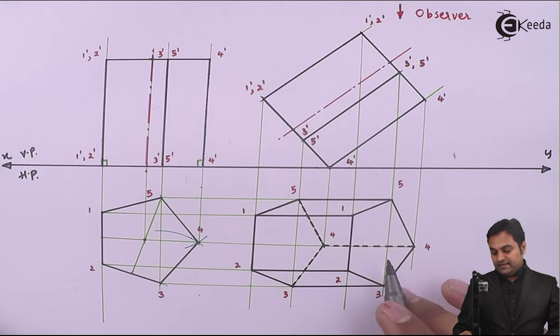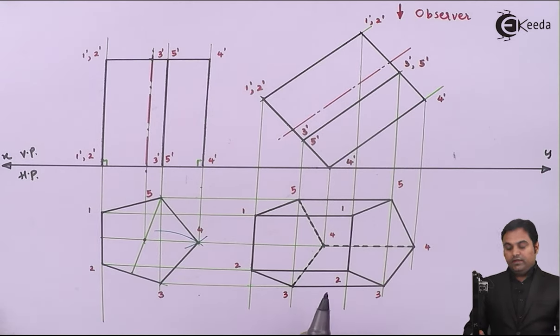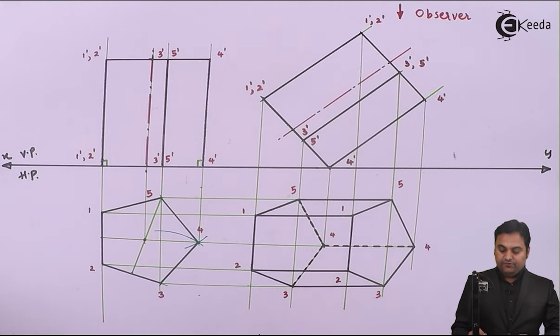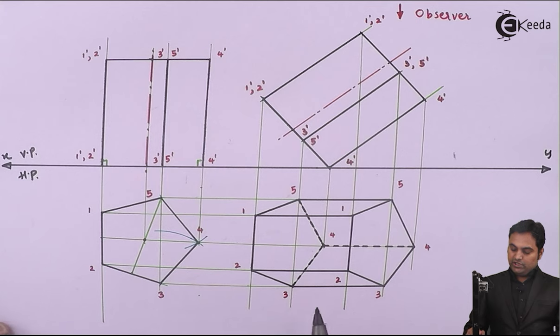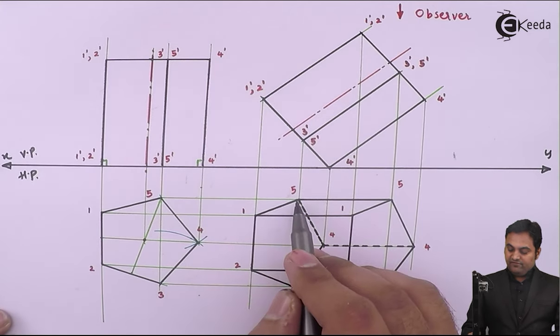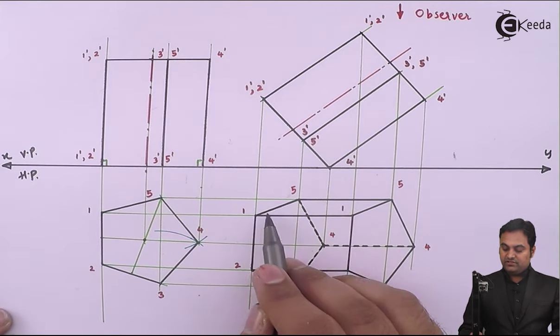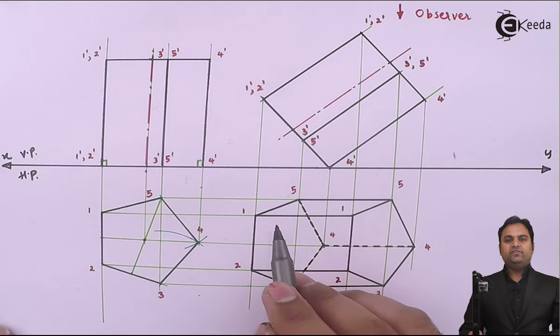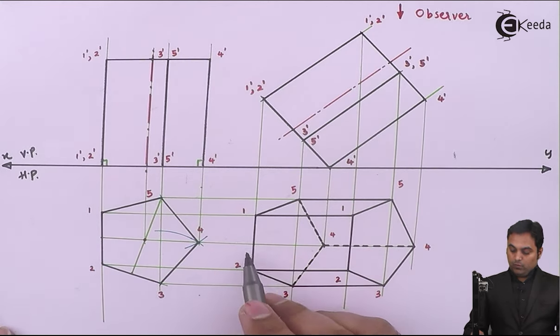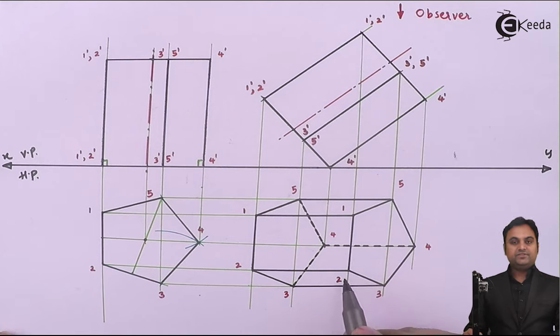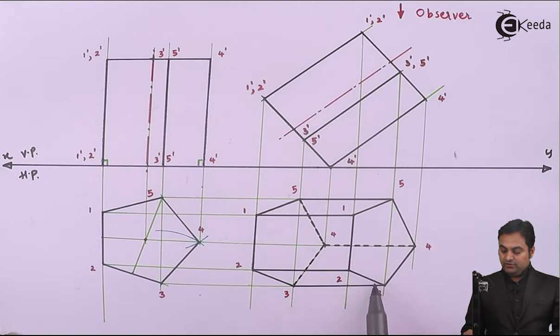Then, as we can see here, in this pentagonal prism the rectangular faces which are visible are 1 5 and 1 dash 5 dash, this complete rectangular face is visible. Next, 1 2 and 1 dash 2 dash is visible. 2 3 and 2 dash 3 dash, this rectangular face is visible.